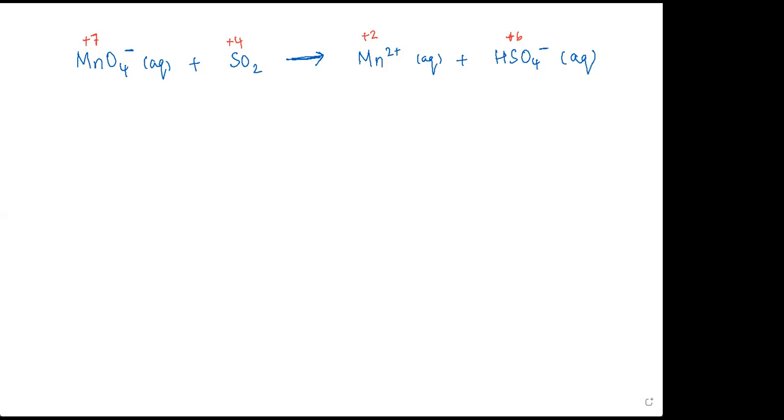Okay, assigned. Now calculate the increase or decrease in oxidation state per atom and per molecule, and balance it such that the increase in oxidation state is equal to the decrease in oxidation state. So here is where we write half reactions, right? You don't need to write half reactions in this method.